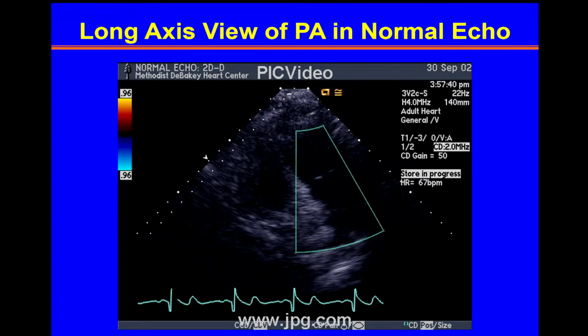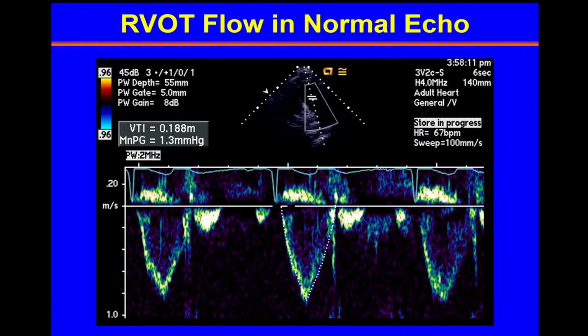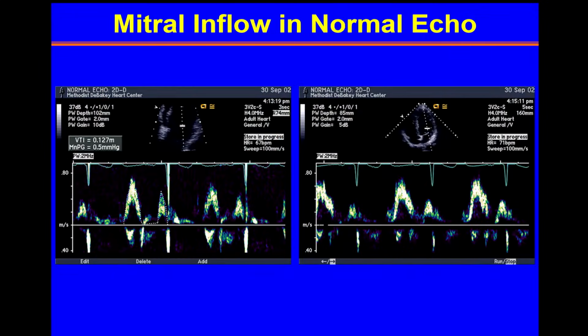This is more of a challenge in adults, less of a challenge in children and in individuals with a thin chest wall. You can put color on so as to show you where the flow is from one wall to the other. So now I measure the diameter and I do the time velocity integral. Again, one click, not both clicks, and I can combine them with the expression we just saw, and now I have flow through the RVOT.